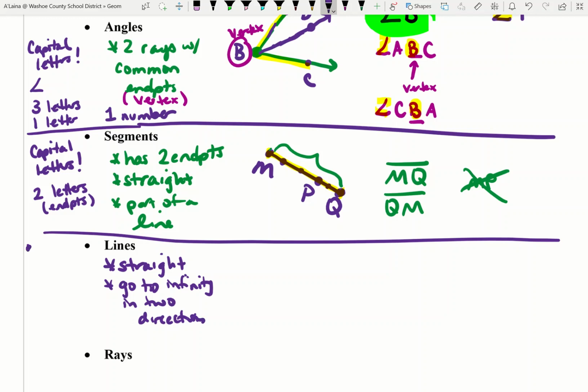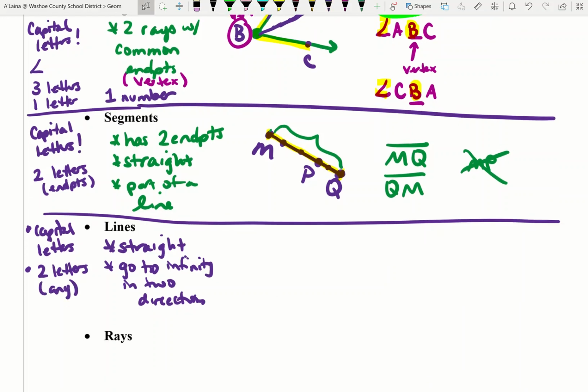The most common way would be to use capital letters. We're going to use two different letters. They could be any two letters that are named on the line, any 2 points. Instead of writing two letters, I'll write 2 points, just because it might help us understand a little bit better what we're doing. And then we're going to draw a double arrow above them.